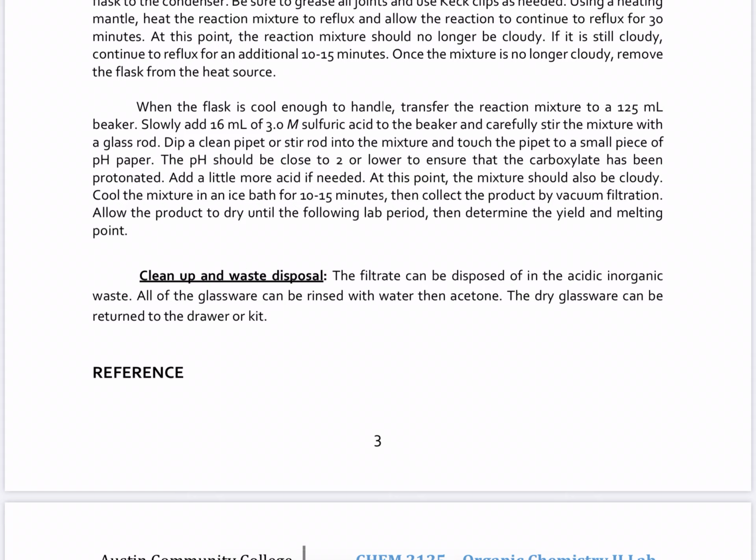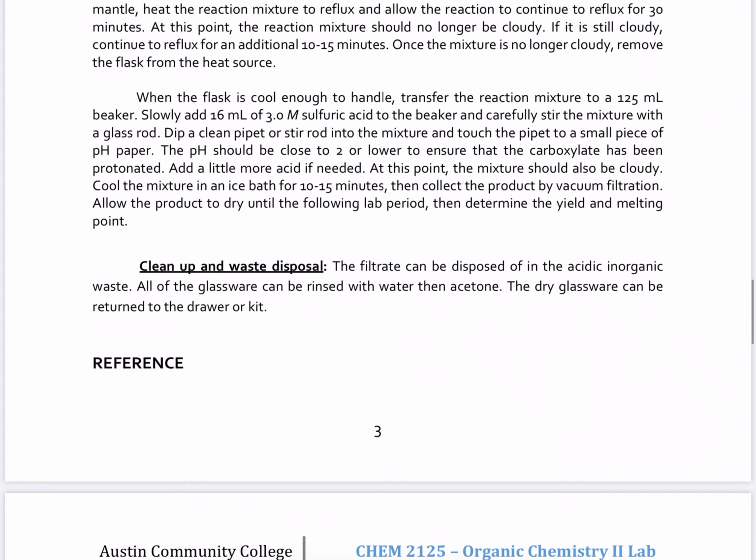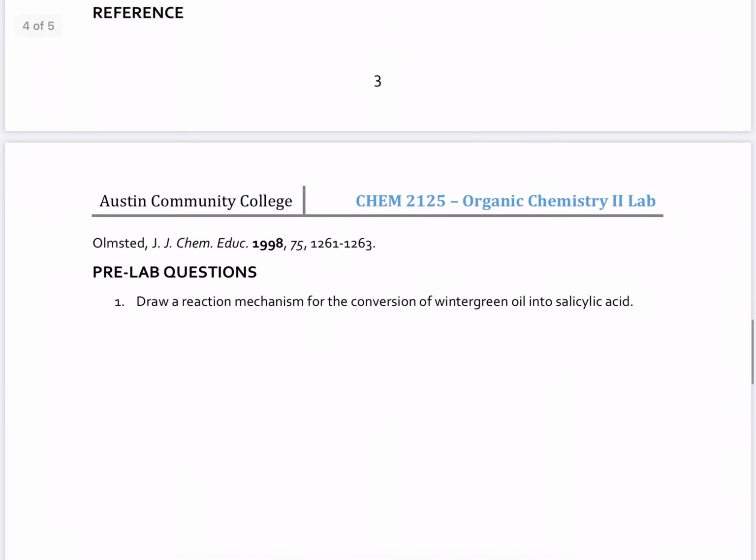Then you check the pH to make sure it is around 2 or so, and transfer the flask into an ice bath to maximize the product formation. Then you do the vacuum filtration, let it dry, and get the melting point. So that's how you're going to be performing the experiment.